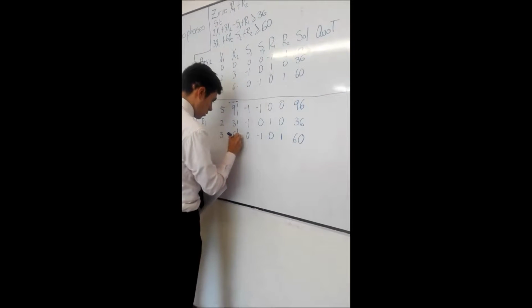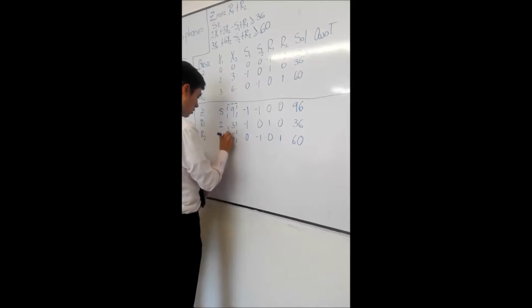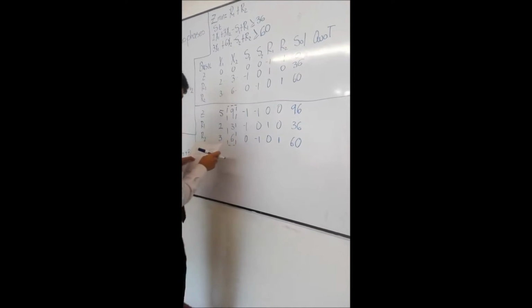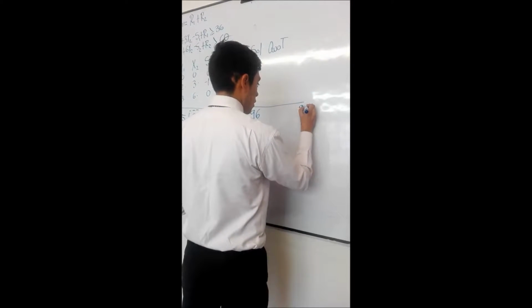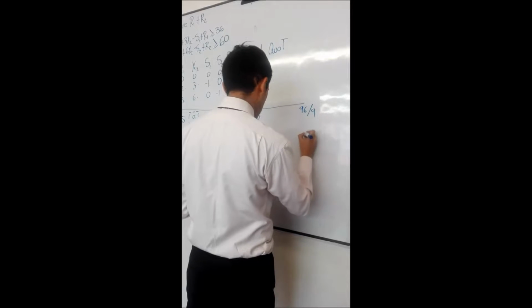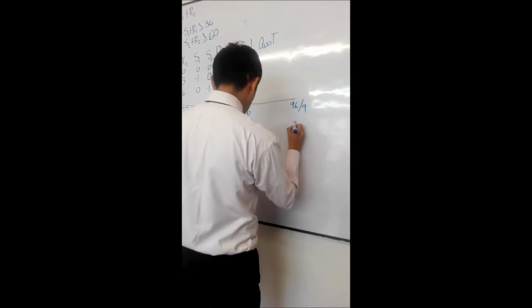Now we must solve with Gauss-Jordan, where our pivot column is x2 because it has the greatest coefficient in x, and the pivot row is R2 because it has the smallest coefficient obtained.